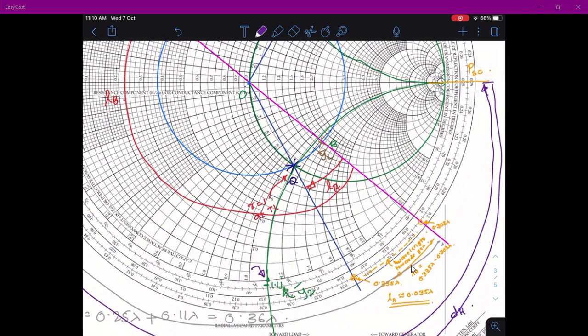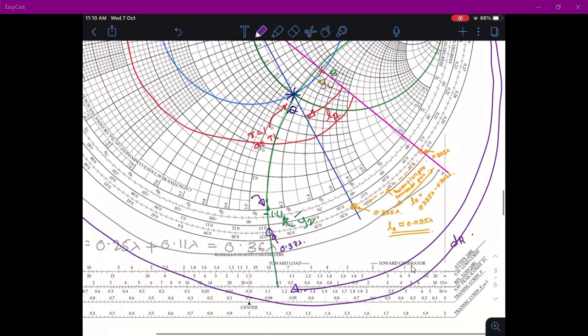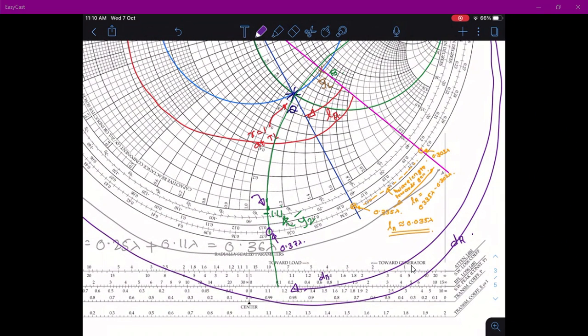Here you see this lambda is 0.25 and towards the generator it is 0.37 approx. So the distance dA is equal to 0.37 minus 0.25 lambda, both are in lambda.